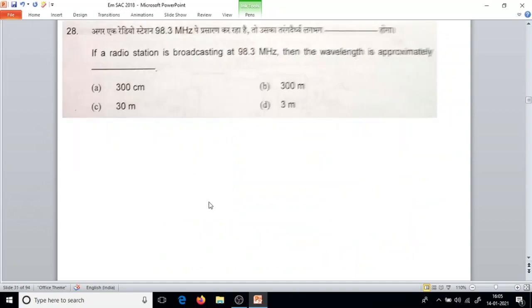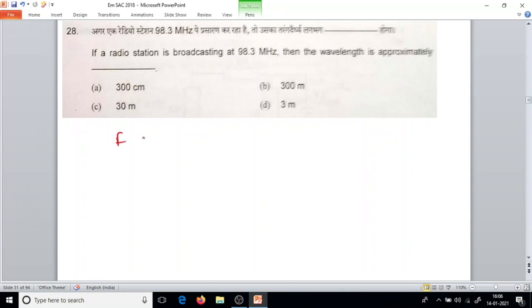Question number 28. If a radio station is broadcasting at 98.3 megahertz FM radio, then the wavelength is approximately.